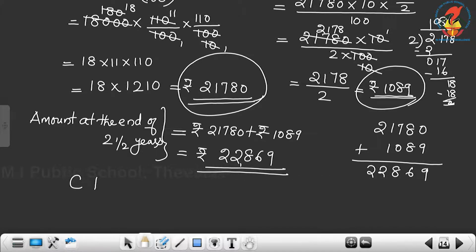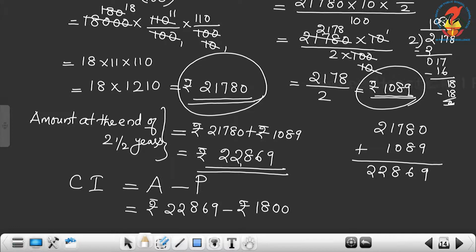Now we can calculate the compound interest. Compound interest CI equal to amount minus principal. So the amount is rupees 22,869 minus principal is rupees 18,000.